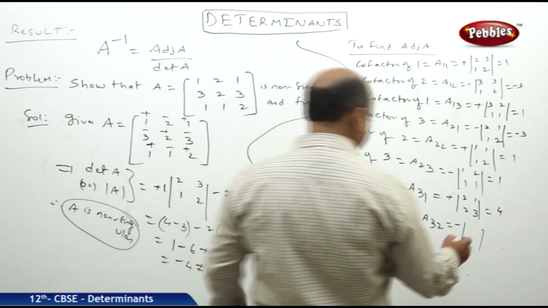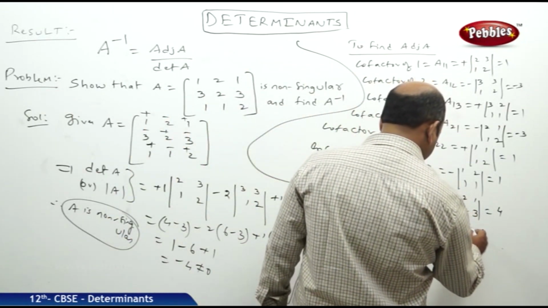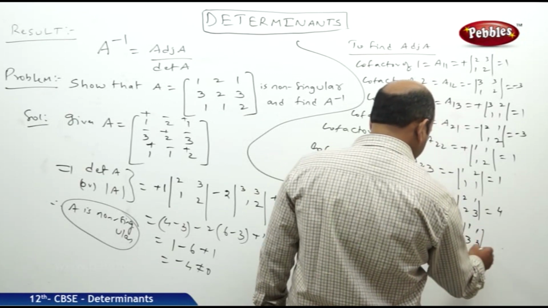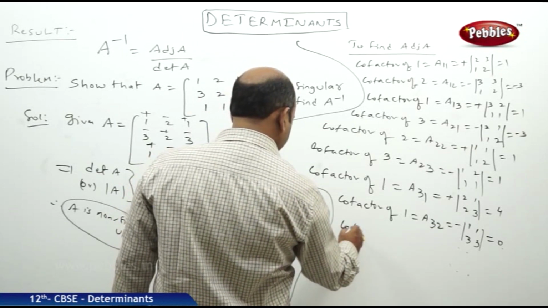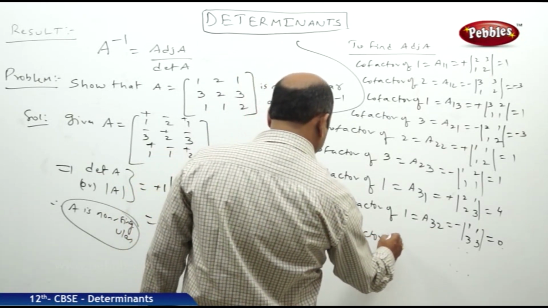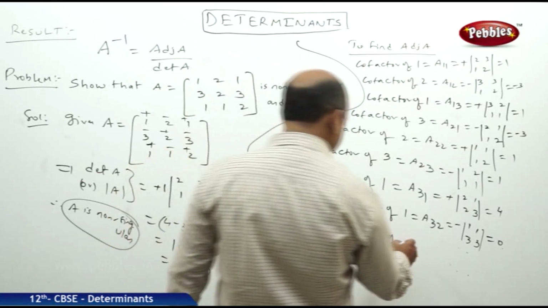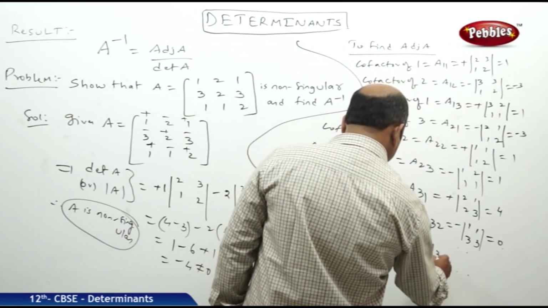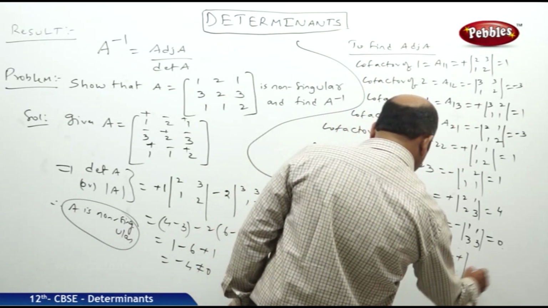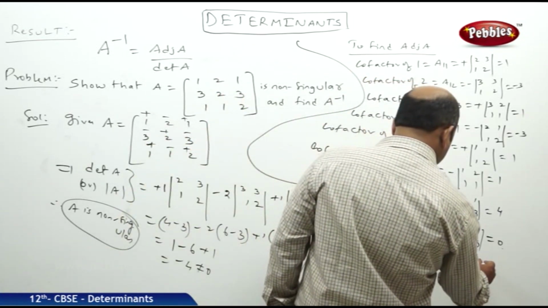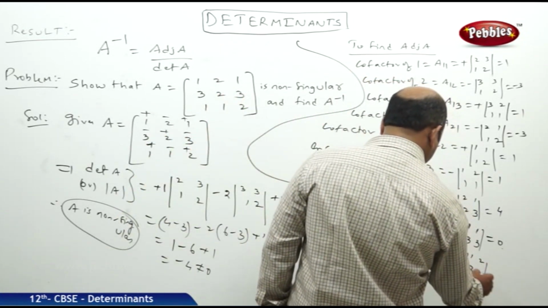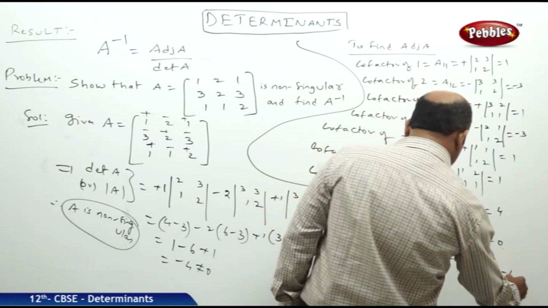So 1 1 3 3. So 3 minus 3, it will be 0. And last one, cofactor of 2. Cofactor of 2 means A33, here plus sign into its minor. 1 2 3 2. So 2 minus 6, it will be minus 4.